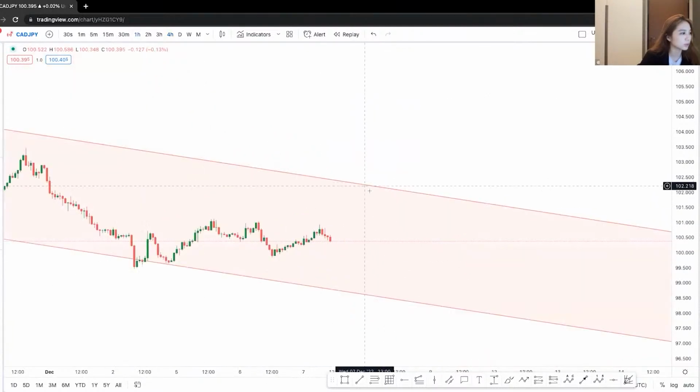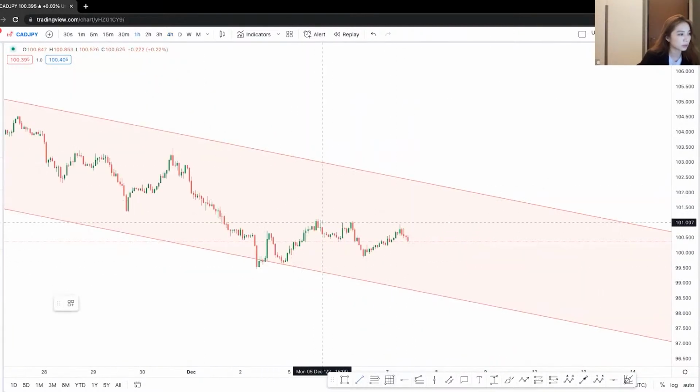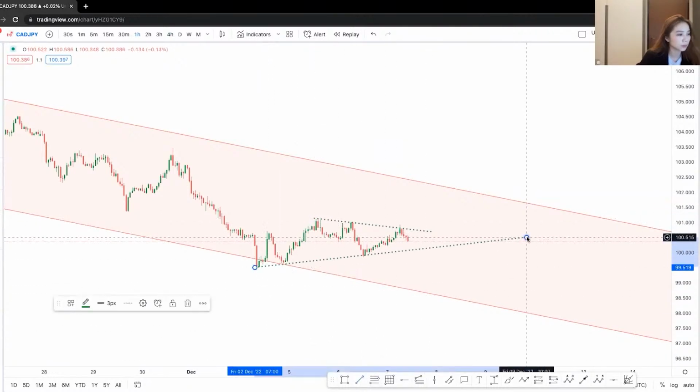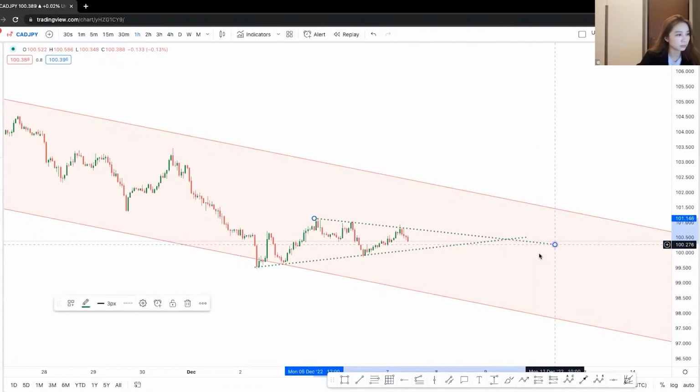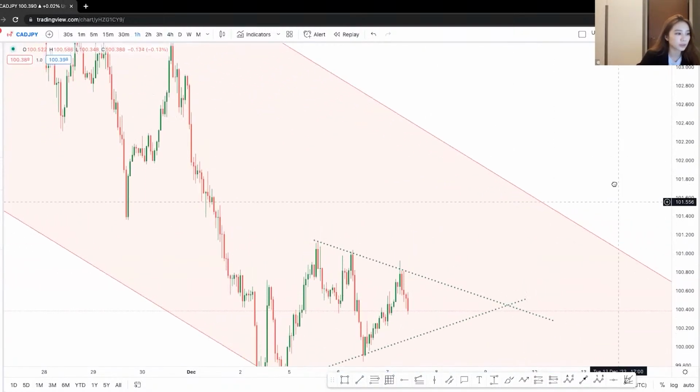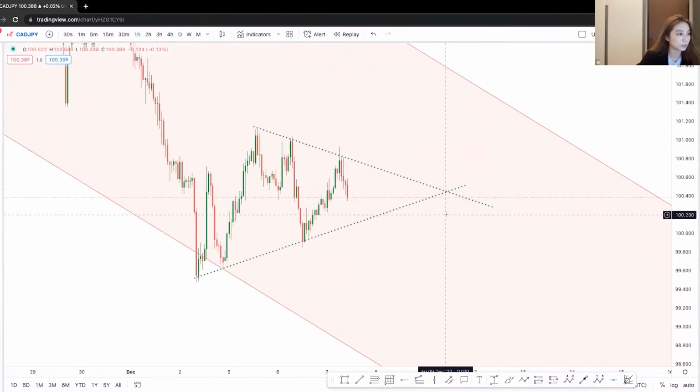I think on the H1 you'll see a slight triangle. So on H1, you'll be looking at this instead. Let's just do a small analysis on H1.